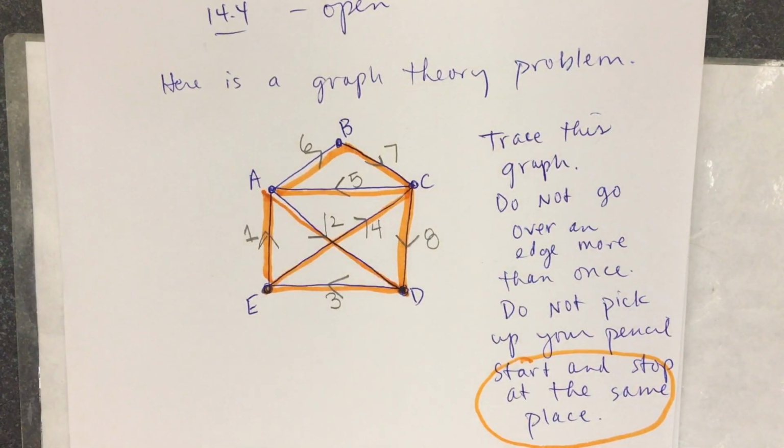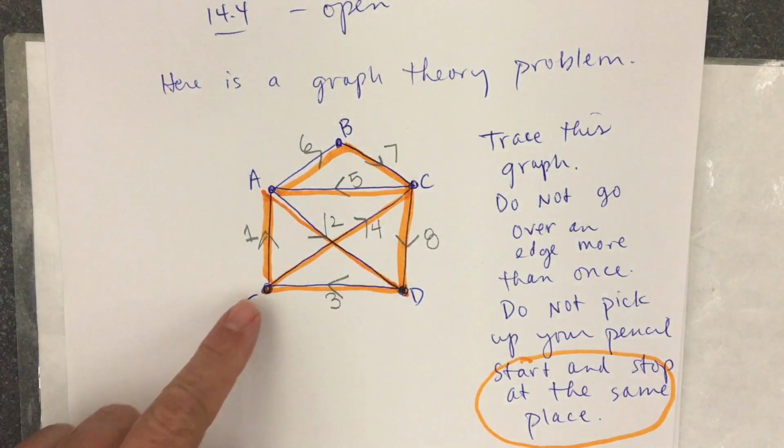And actually, this particular problem, it is not possible to start and stop at the same place. Who knows what makes it impossible? Yes, it's the number of lines that meet at each dot.